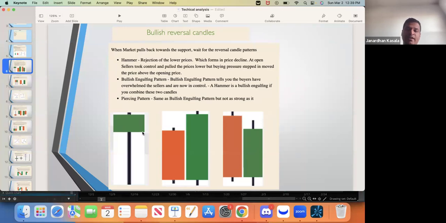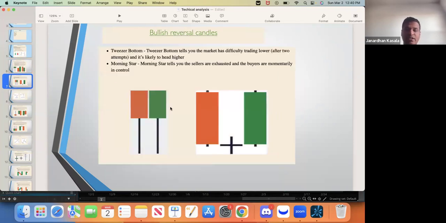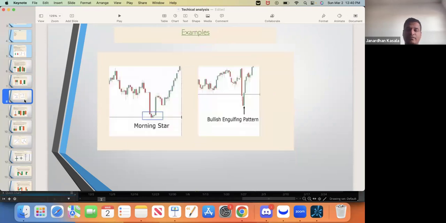How do I identify a reversal when you're in a bull trend or bear trend? This is a tweezer bottom or morning star. The morning star tells you the sellers are exhausted. Bears tried to sell, they got exhausted here, and buyers stepped in. Bulls are in control here. This is an example.